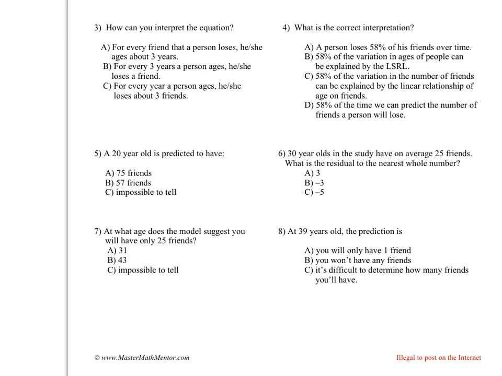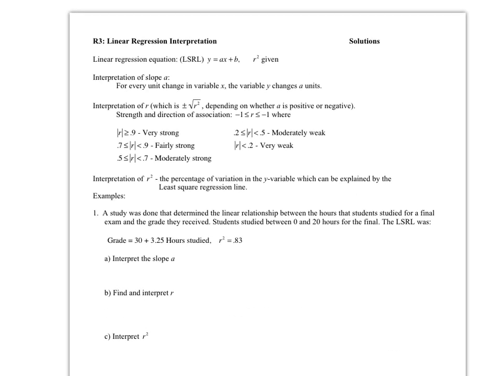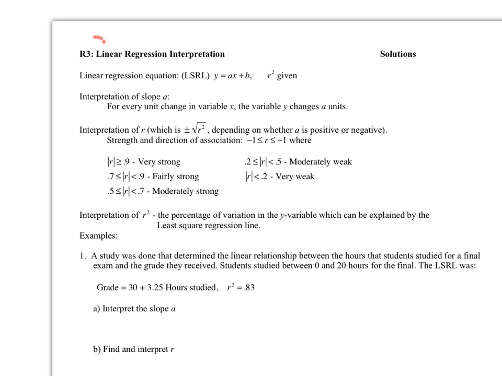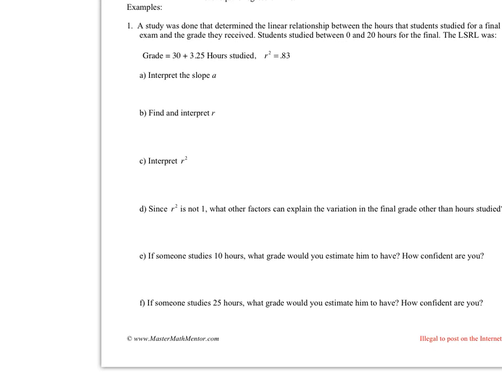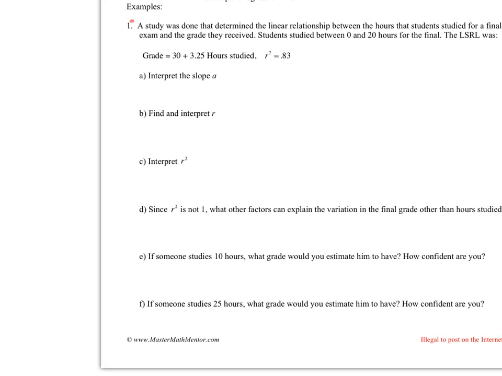Due next time. And R3, linear square interpretation. There's 2 problems in R3. Just do the first one. You want to do the second one? That's fine, but you should be able to answer all these questions.